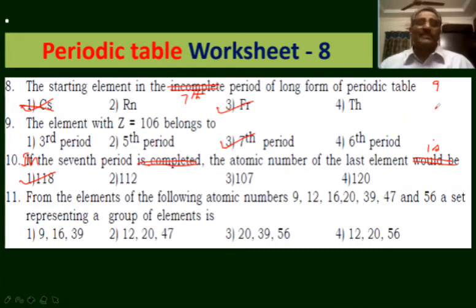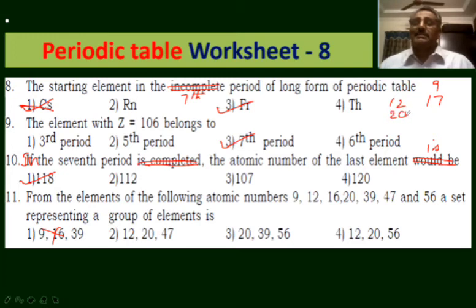If the atomic number of first element is 9, the atomic number of its next element will be 9 plus 8, that is equal to 17. But here 16 is given, so first option is not right. Let us go to the second option. If the atomic number of first element is 12, the atomic number of next element is 12 plus 8, that is equal to 20. This is right.